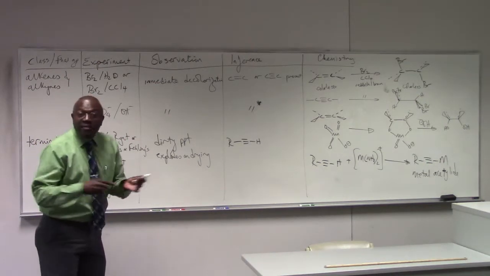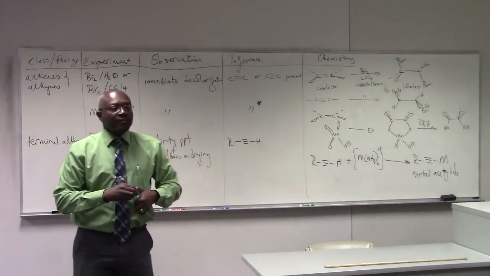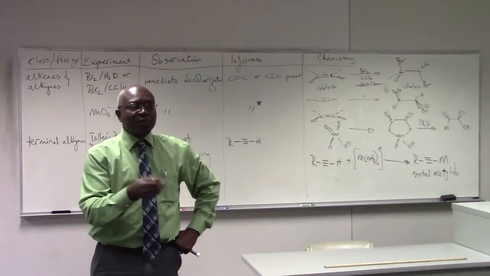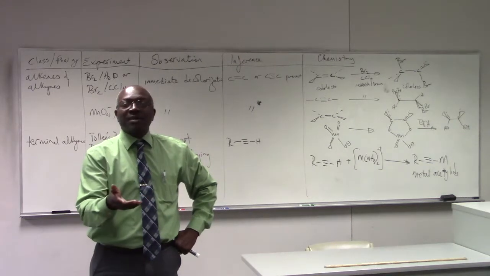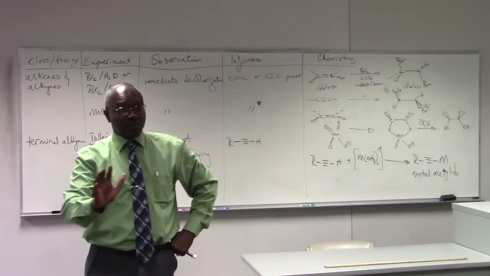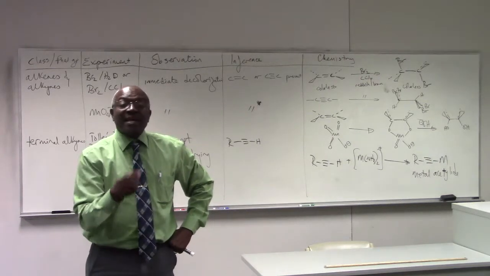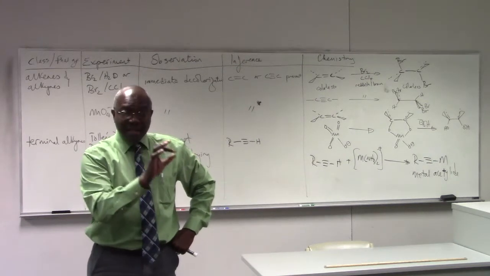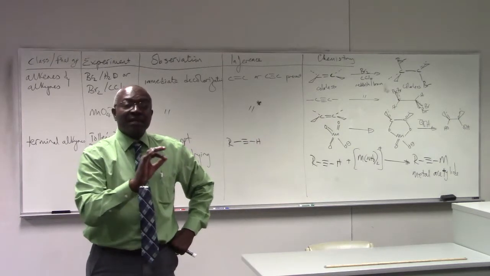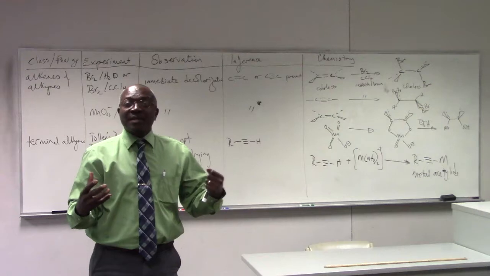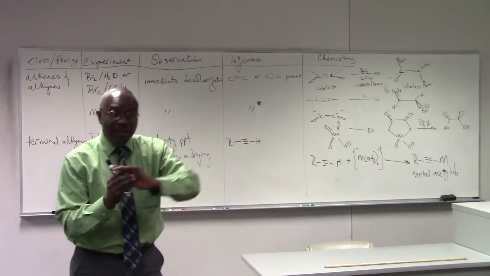So imagine then, I'm given an unknown, and I add to it bromine and carbon tet, and it gets decolorized. Okay, so I know this is an alkene or an alkyne. Maybe my second experiment is to take another sample of that compound and add Tollens' reagent. And if I get a dirty precipitate, then I can eliminate alkenes.